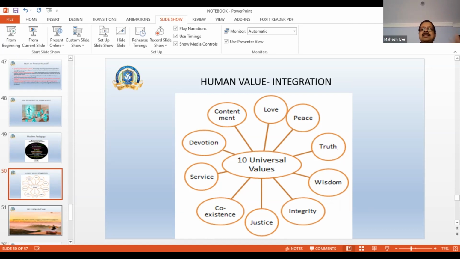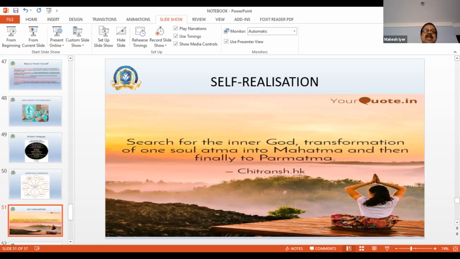Let us inculcate these 10 universal human values in our pedagogy, in our curriculum, and definitely inculcating these will give us a long-lasting result on the students. Dears, if we have this power of self-realization, as the grandma told, the entire image, entire information of the huge tree is stored in a small seed.